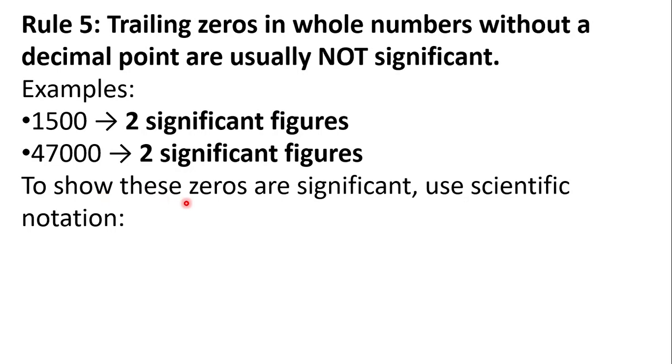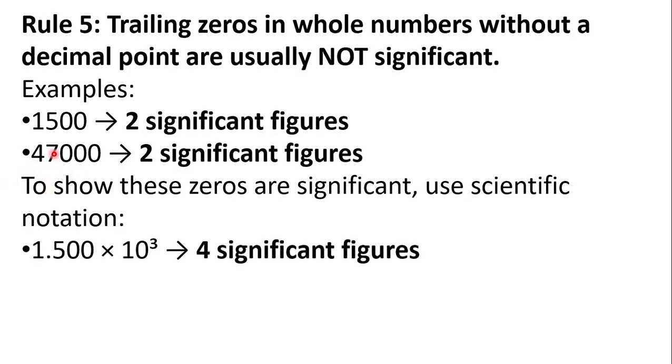So to show these zeros are significant, use scientific notation. In this case, the number 1500 in scientific notation is 1.500 times 10 to the power 3.